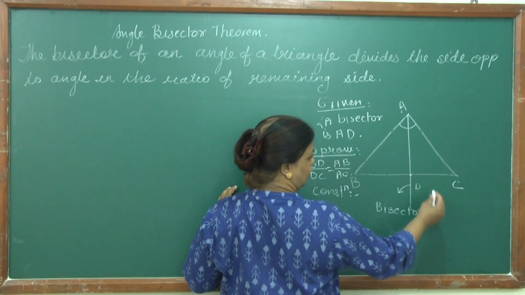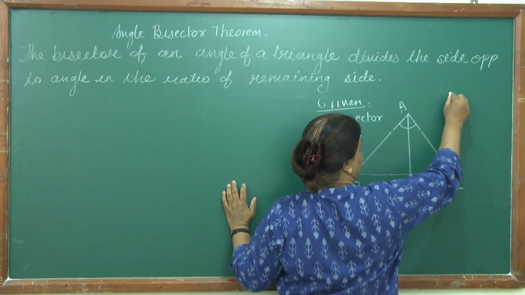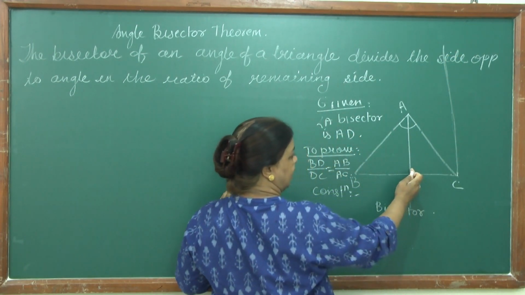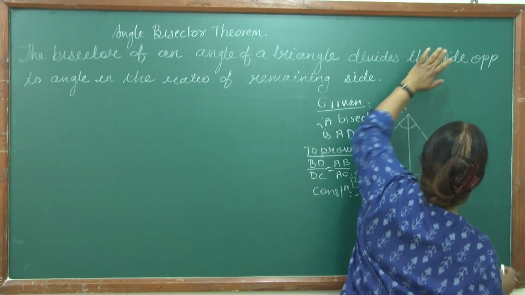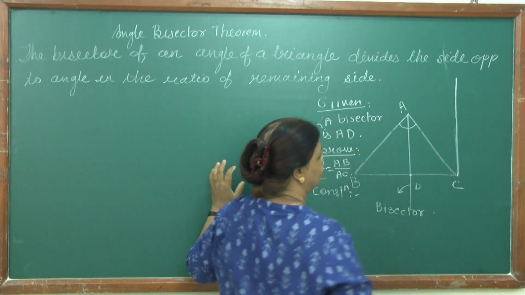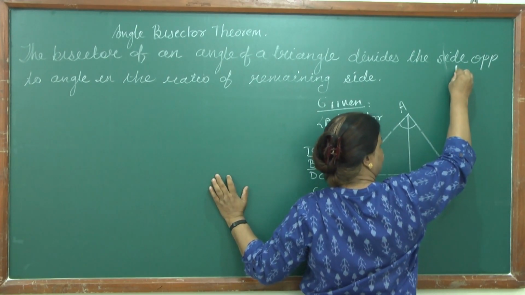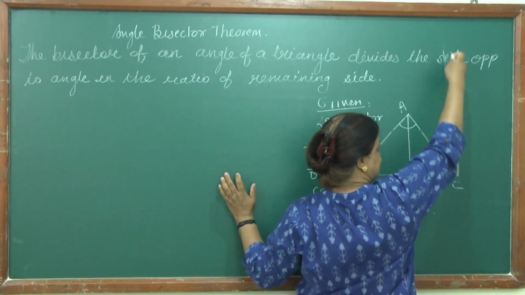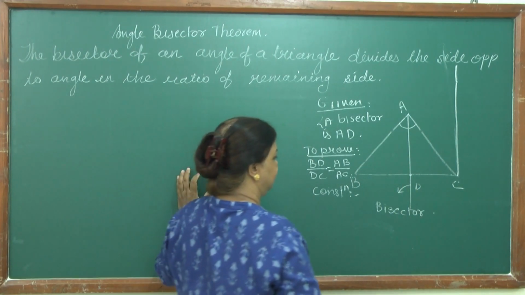So let me do a construction. I'll draw a line, and this line is parallel to the line AD. I'll draw the line in such a way that this line is parallel to the line AD. Yes? Draw line through C, extended such that it is parallel to AD.